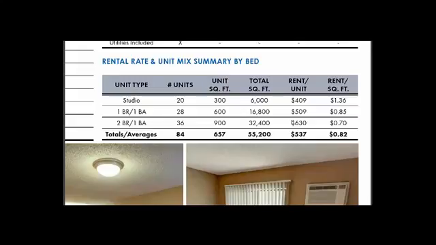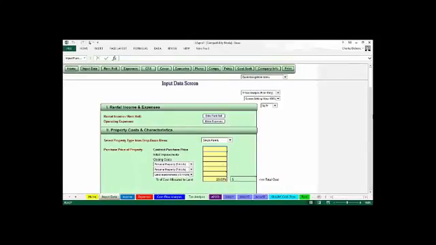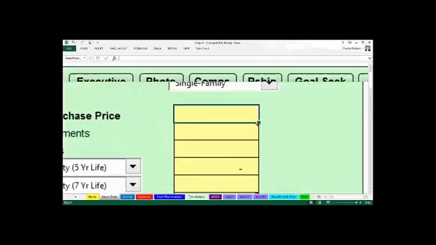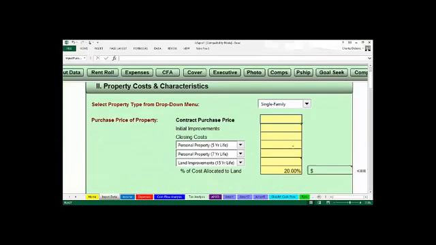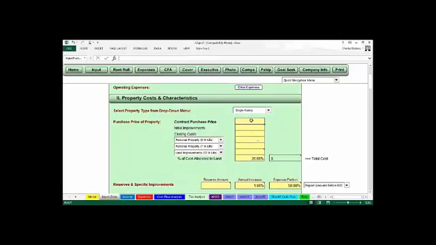So what I'm going to do is jump on over here to the cash flow analyzer. And the first thing I'm going to do is start to build in my input data. Now, as you recall, let me blow this up a little bit so we all can see it. Not too big. All right. Remember the contract price was $2.7 million.